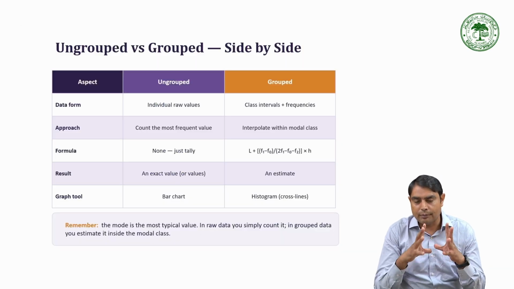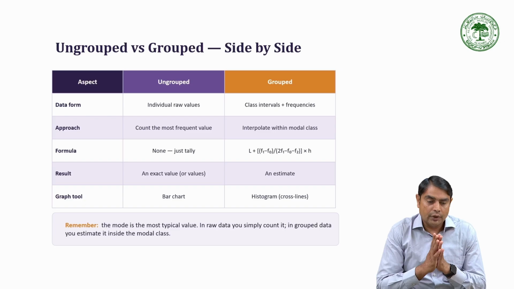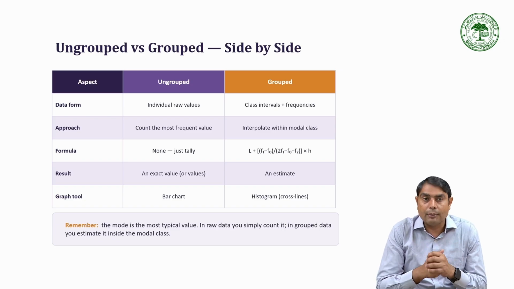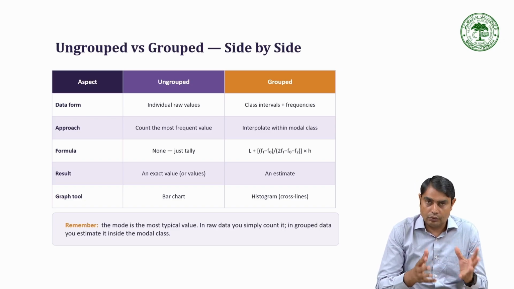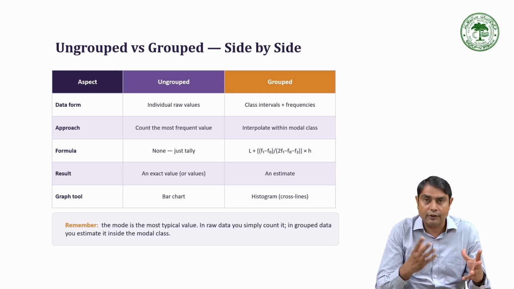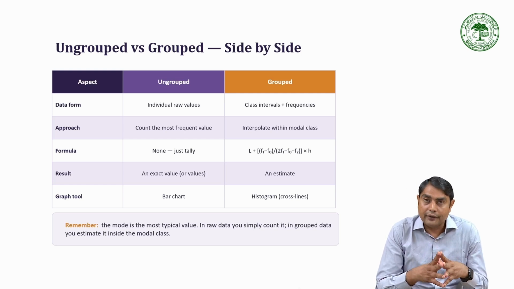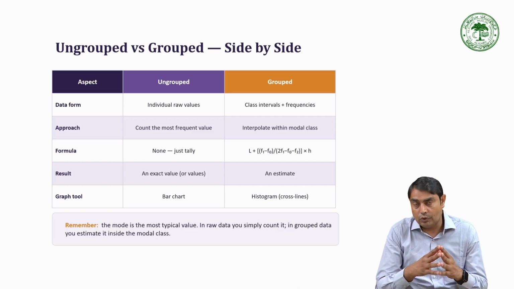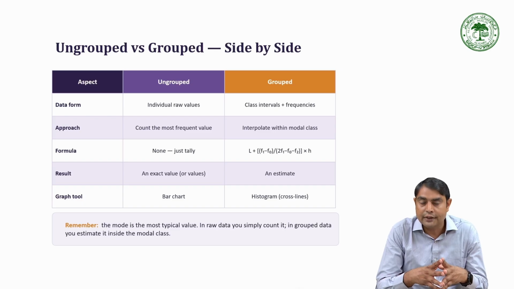So let us have a brief comparison between the two. If I talk about the data form, obviously ungrouped data is individual data, whereas grouped data is class interval or frequency data. And if I discuss the approach, in ungrouped data you need to count the frequencies and find the most frequent value, which becomes your mode.